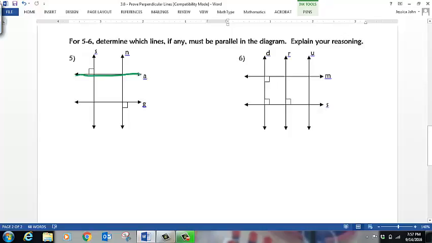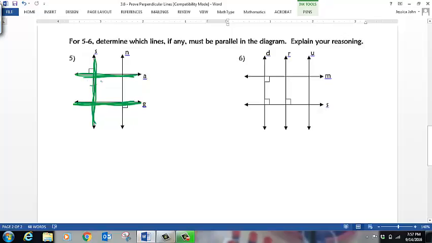So let's take a look at line A and line G because they do look parallel. And now let's use, I don't know where that line just went. It disappeared, you guys. So let's use S as our possible transversal.